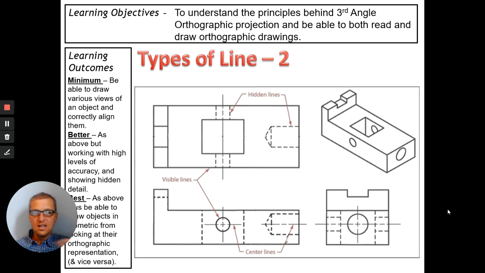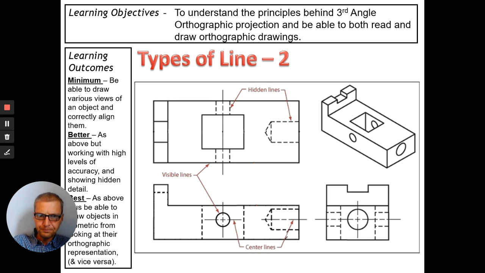Okay, so here's an orthographic drawing. Here we've got the object drawn in isometric 3D, and then the object on orthographic. We've got a view of it from this side, an end view looking at it from this end, and a top view looking down at it.